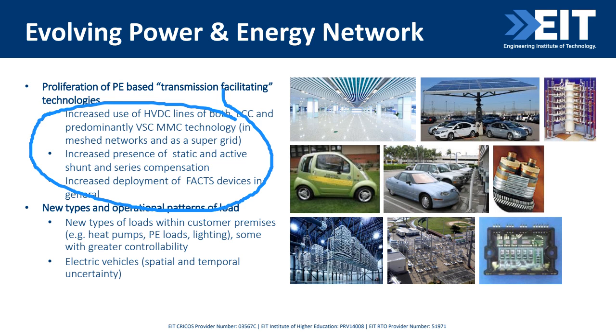So you find that not only that, the load is also changing. So the customer's load is changing. You find heat pumps, power electronic load, new type of lighting, and a lot of them have got greater controllability. And on top of this, we have got EVs, electric vehicles.